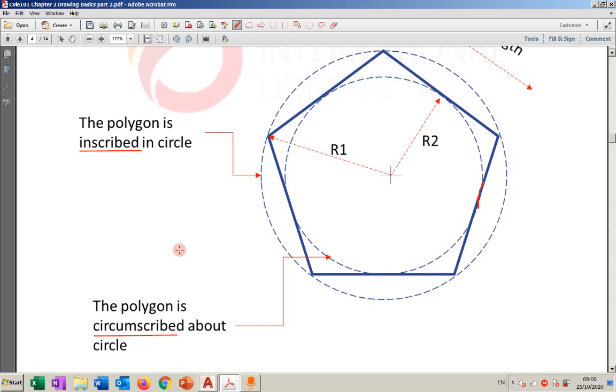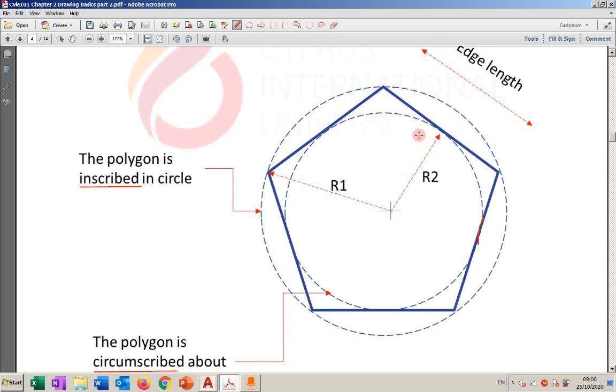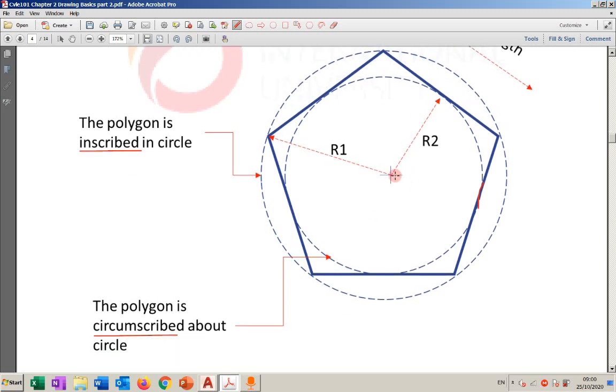Now, before talking about this one, let's come here. You have to understand the radius of those two circles. You have to know the relation between the radius of the circle and the polygon. And this will be the basis for choosing which method we have to use.